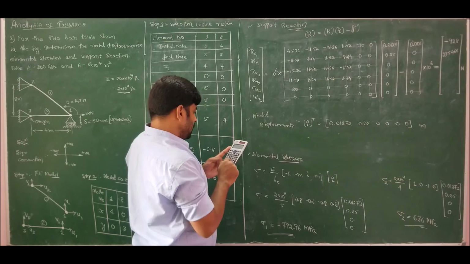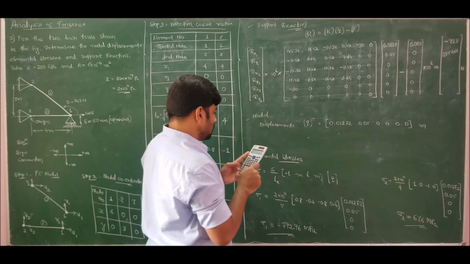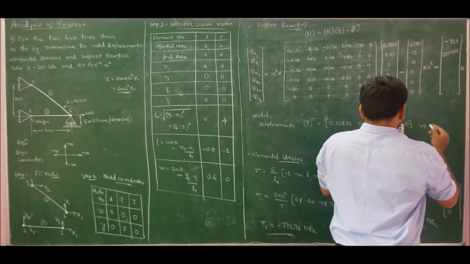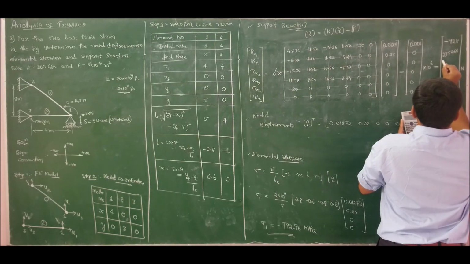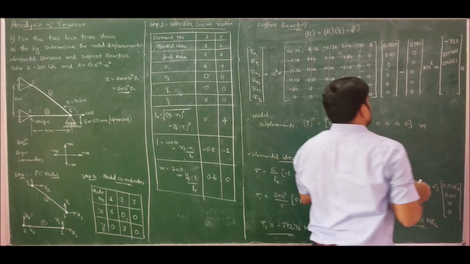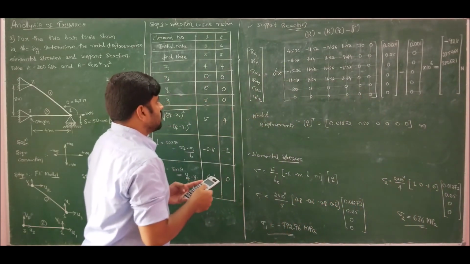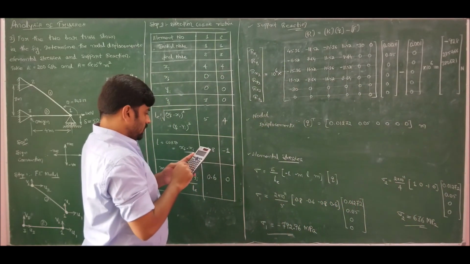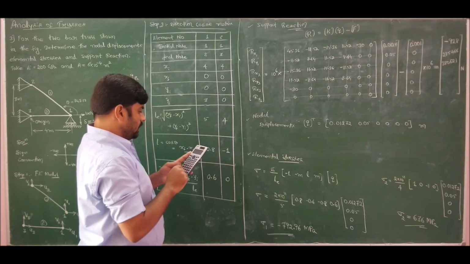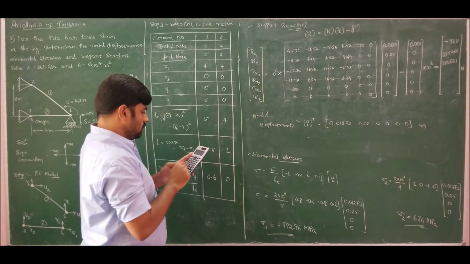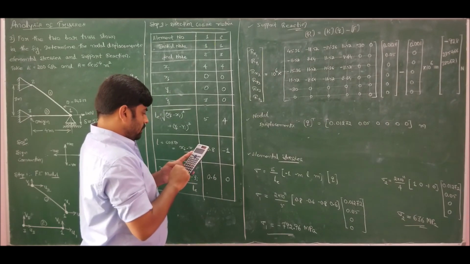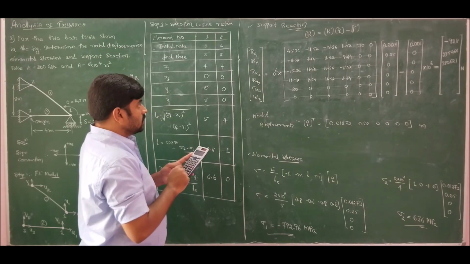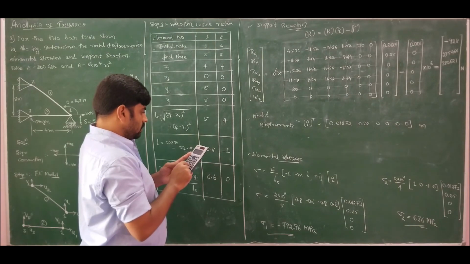The whole answer is multiplied by 10 to the power of 6, which is 3,80,621 newtons. Next, coming to Ry2, it is 11.52 multiplied by 0.01272 plus minus 8.64 into 0.05.